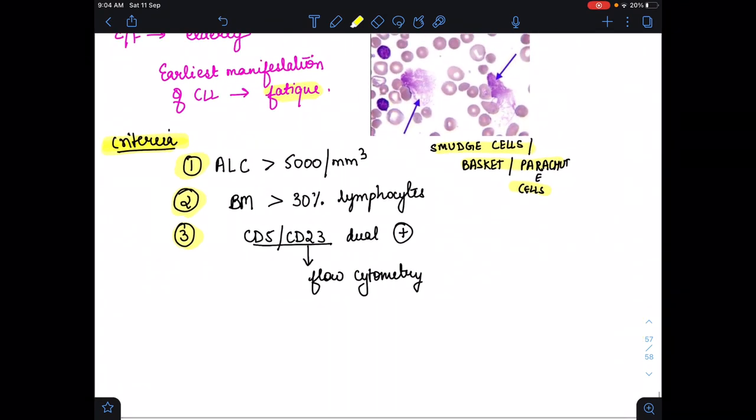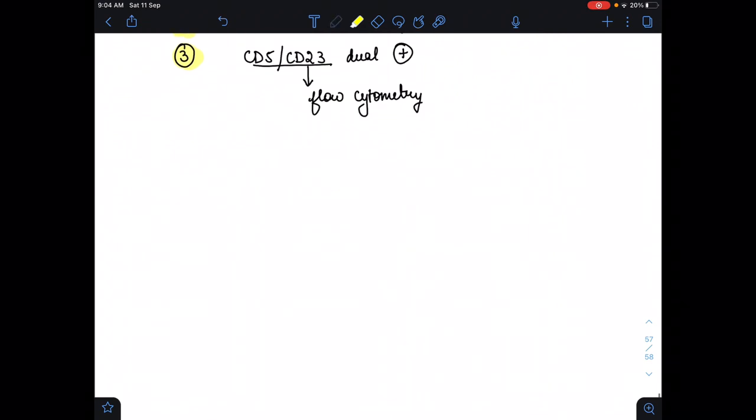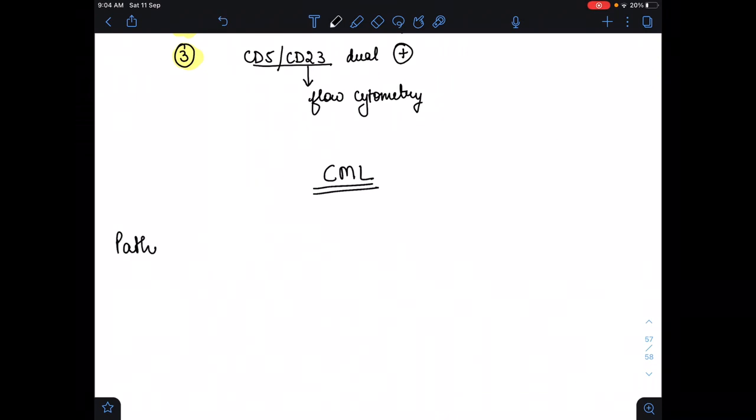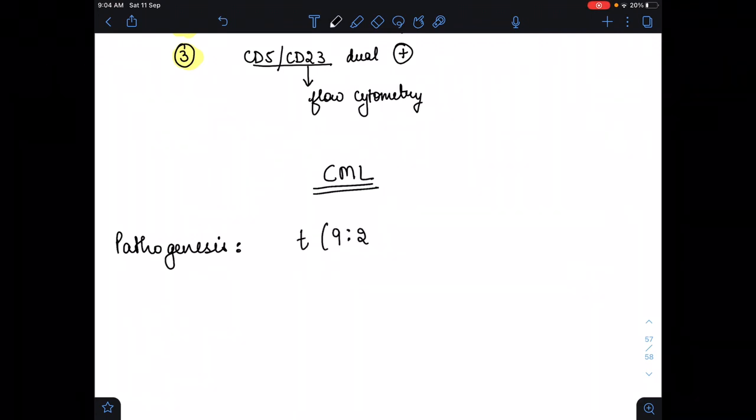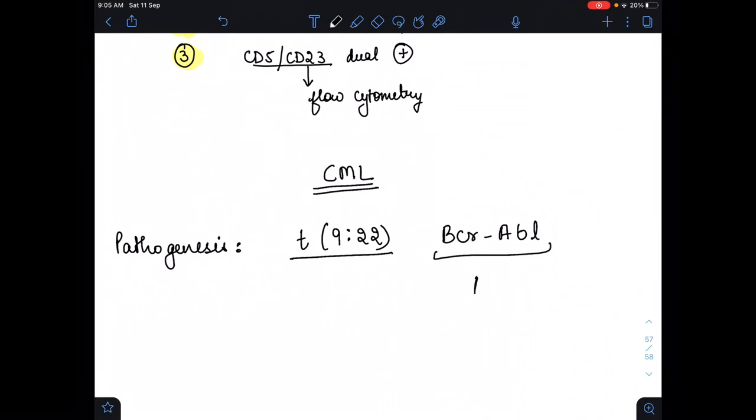Now the next one is CML. The pathogenesis of CML is translocation of 9;22, that is the Philadelphia chromosome, that is BCR-ABL.